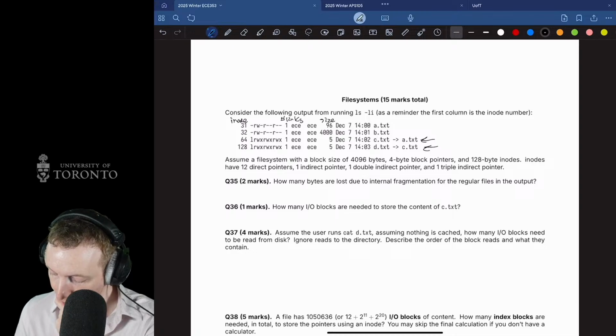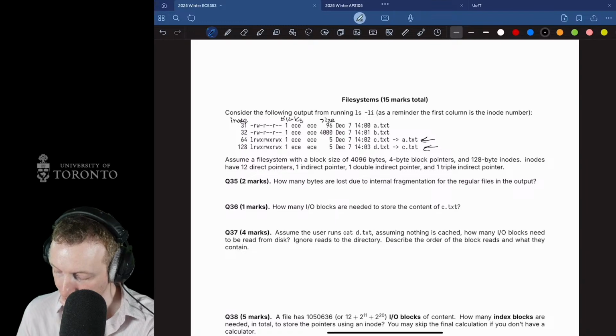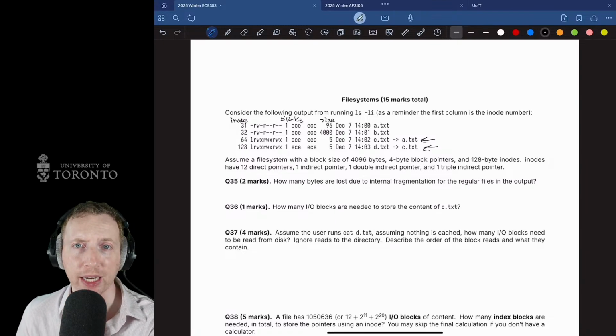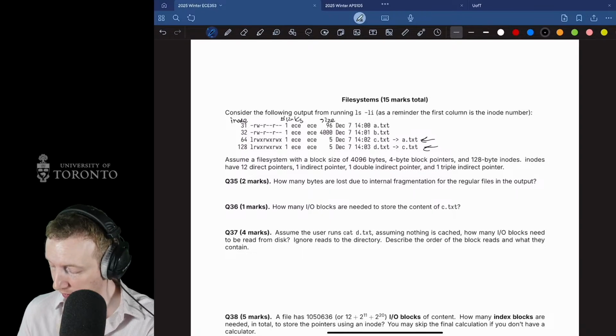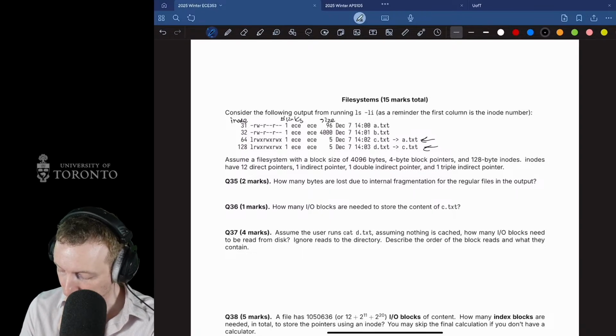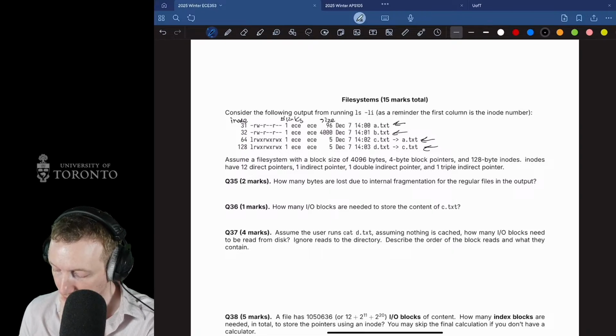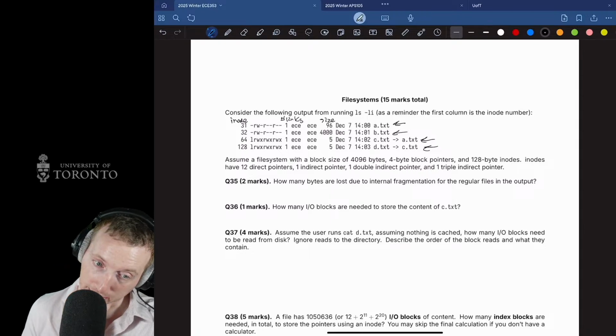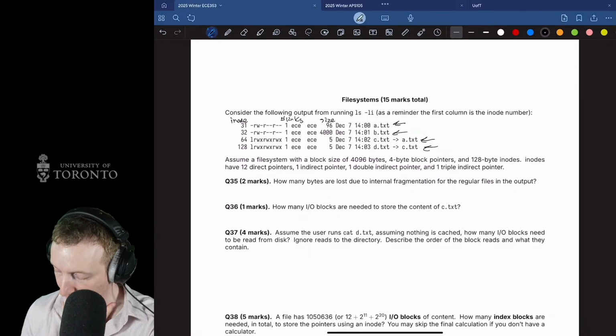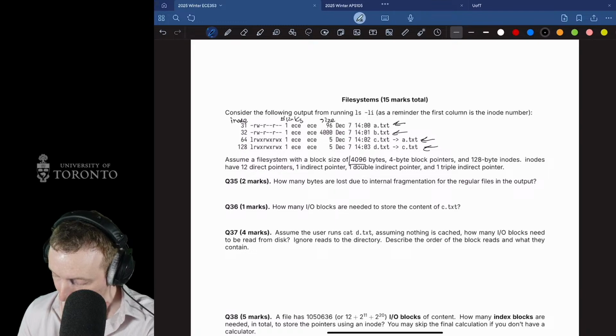So the first question says, how many bytes are lost due to internal fragmentation for regular files in the output? So first, what's a regular file? In this case, A and B are just regular files. They're not symlinks, and we have no directories in here or anything like that. So we have to calculate the internal fragmentation for A and B.txt. It says here our block size is 4096.